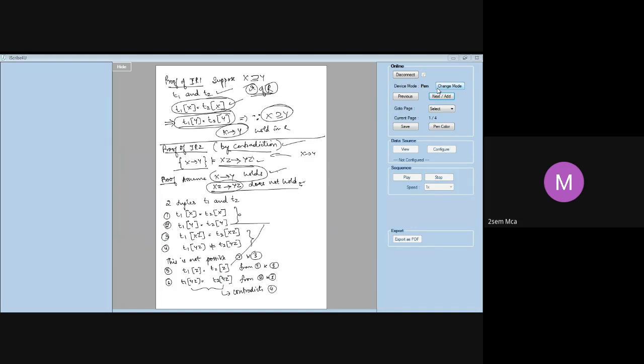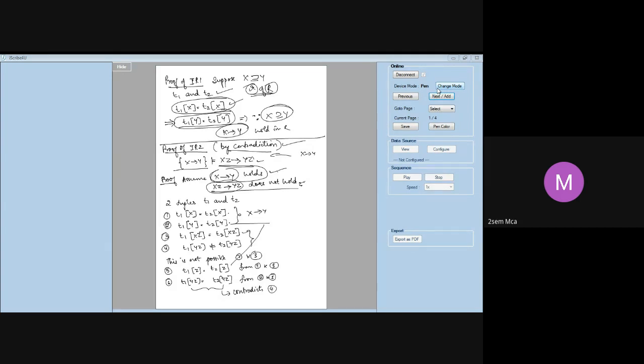So if there exist two tuples T1 and T2, because X determines Y, I can write T1 of X is equal to T2 of X, T1 of Y is equal to T2 of Y. This is possible because we are assuming that X determines Y. The next thing, what did we assume? We assume XZ determines YZ does not hold.